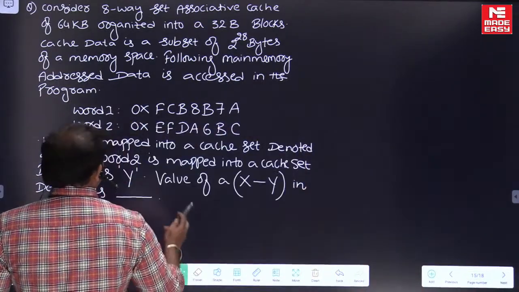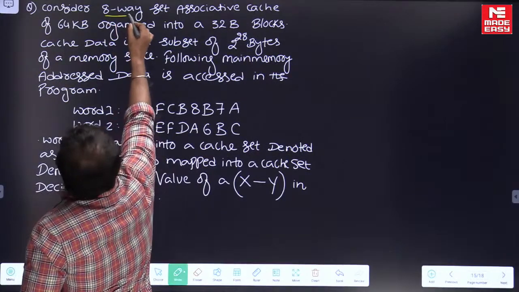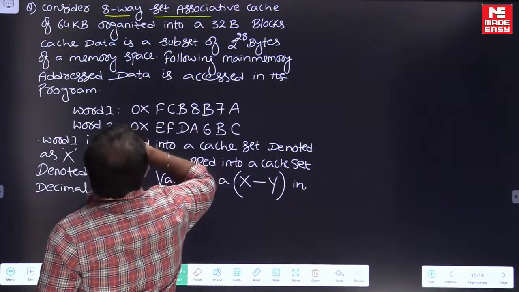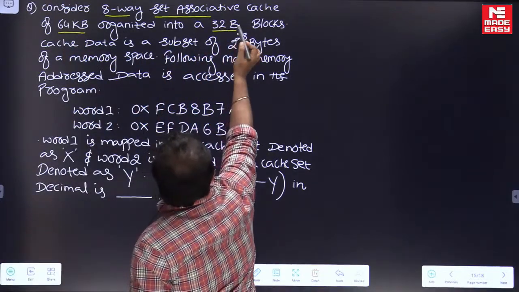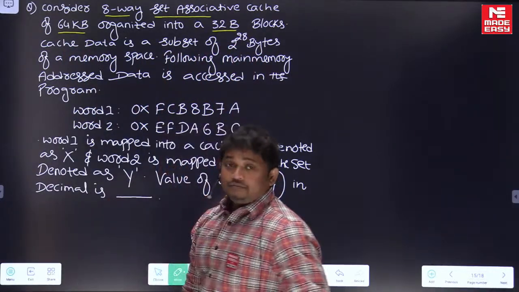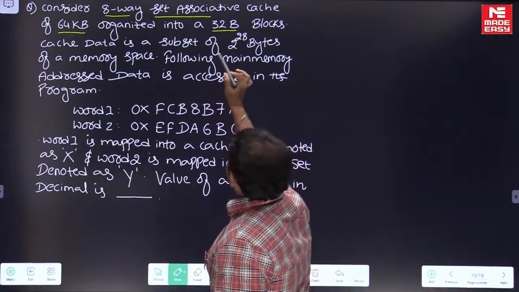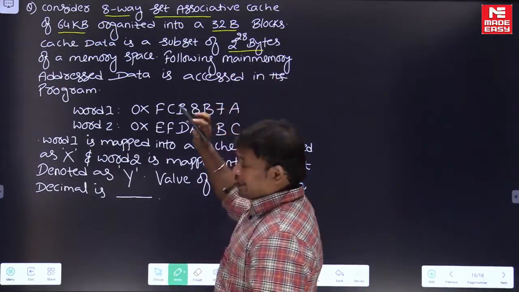What does the question state? Consider an 8-way set associative cache of 64 KB organized into 32-byte blocks. Cache data is a subset of 2 power 28 bytes.